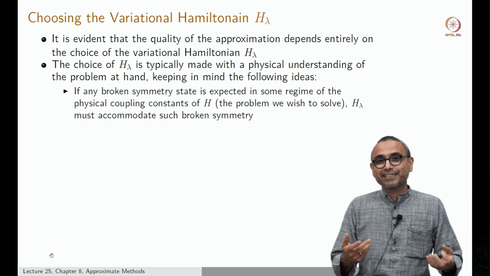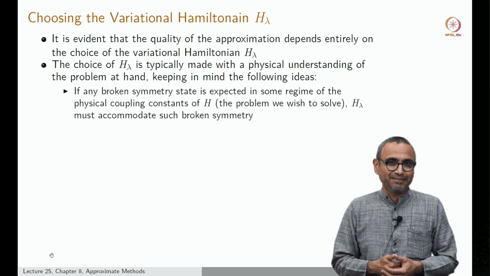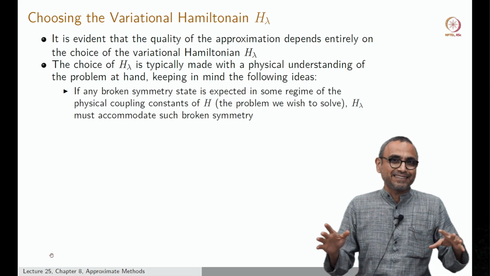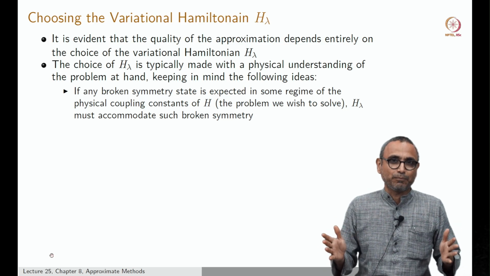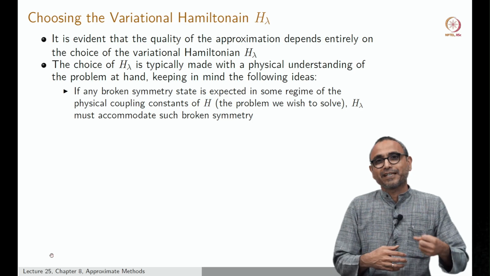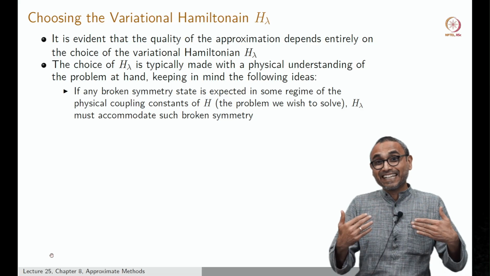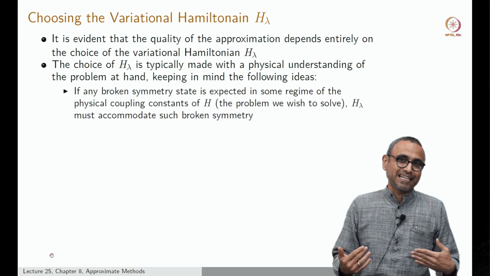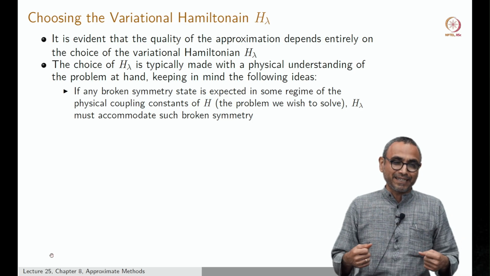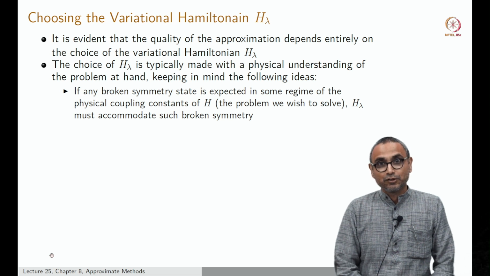If you don't allow for such a symmetry breaking, then of course you are not going to capture that broken symmetry phase. So at least if you are looking for phases, if you want to get a rough phase diagram of some model, and you believe from physical considerations that you expect some symmetry to be broken in certain parameter regime, then you must design your Hamiltonian H lambda in such a way that such a broken symmetry can be realized by H lambda. So this is critical.